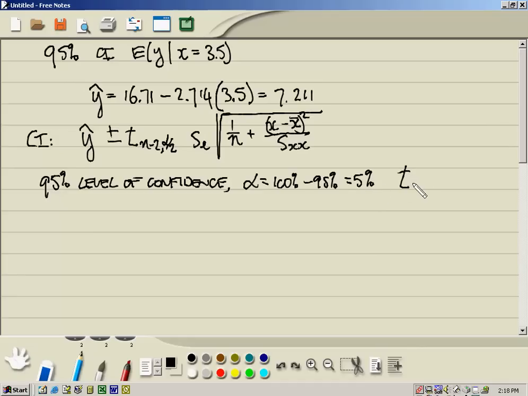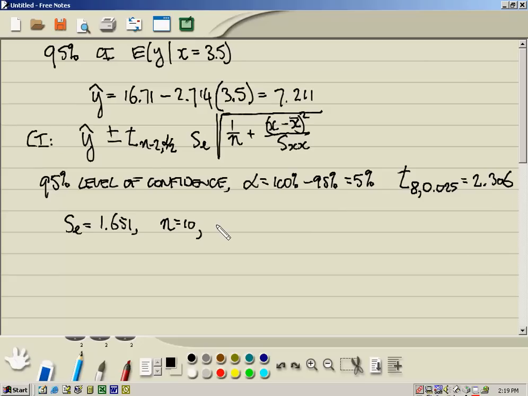So the t that we have here, again, 10 minus 2 or 8 degrees of freedom, and 2.5% of the tail, just like the test we just did. That's 2.306, and all the other bits of information we already have. We need the standard deviation of the errors, and we worked that out before at 1.651. We need n, of course, which was 10.